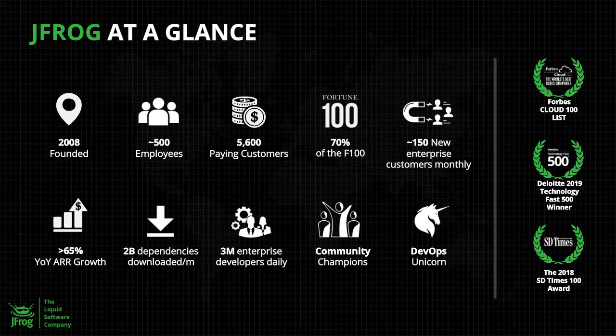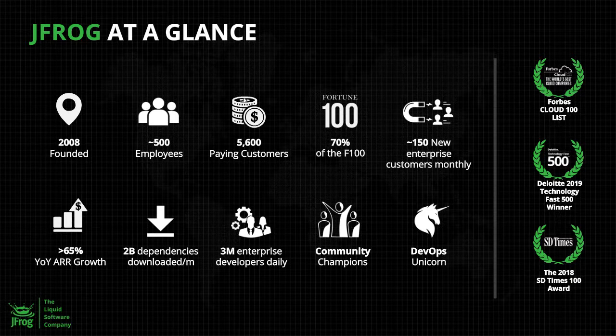For example, we are managing and hosting Go Center, which is a center for Go modules. We released recently, last month, I think, Chart Center, which is the first central repository for Helm charts with security analysis. And we are, for a long time, also involved with the community for Java and other package types with Bintray.